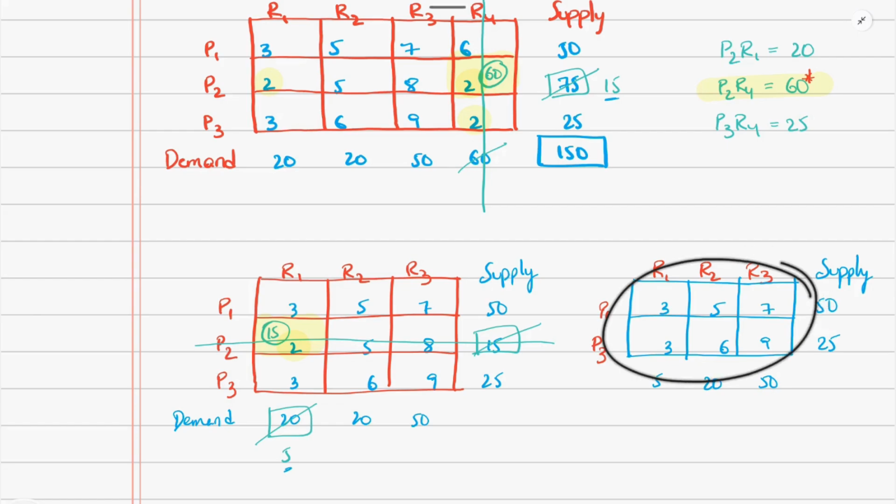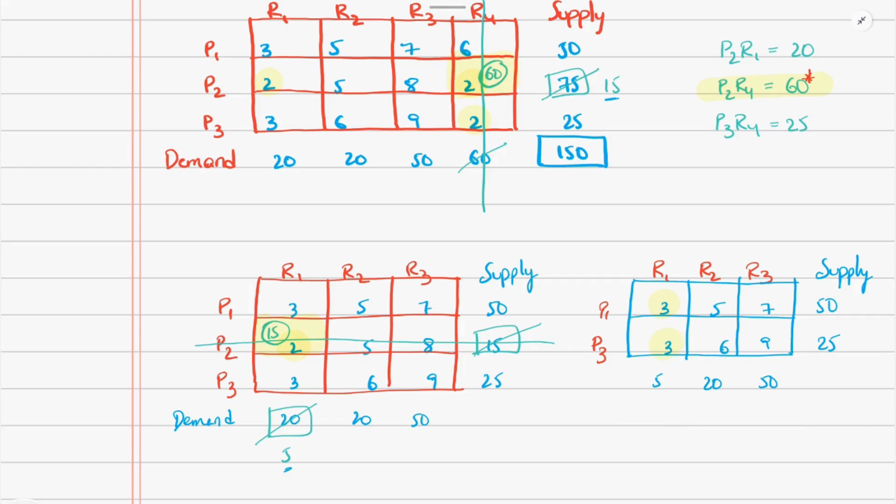We will select a cell with the least cost here. So let's see what is the least cost that we have. We have 3 here, 3 here, right? These are the least cost. So this means there is a tie between the least cost. Now because there is a tie, we are going to go with the maximum allocation, where maximum allocation is possible.